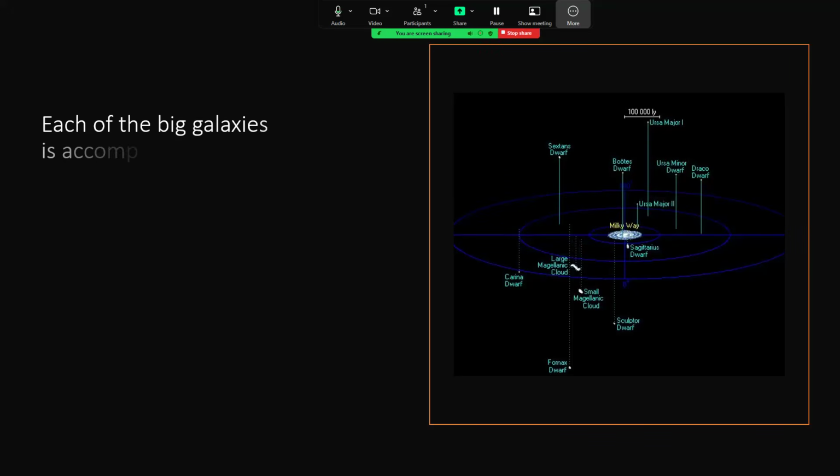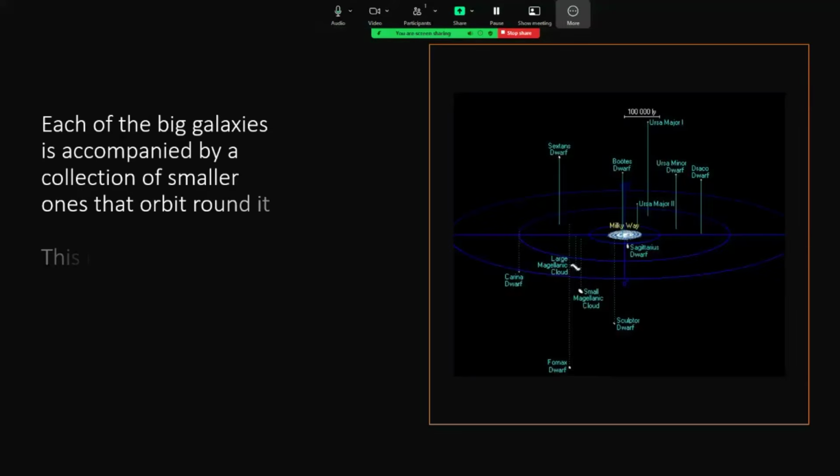We, in the Milky Way, have our own little family of them, and this diagram shows a map of the Milky Way with the large and small Magellanic Clouds, and then we have the Carina, Fornax, Sculptor, Sextans, Bootes, Ursa Major 1, Ursa Minor, Ursa Major 2, and Draco dwarf galaxies, and quite close to the Milky Way there, the Sagittarius dwarf, which was only relatively recently discovered.